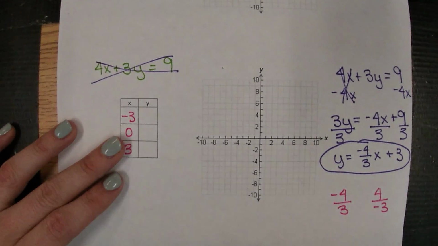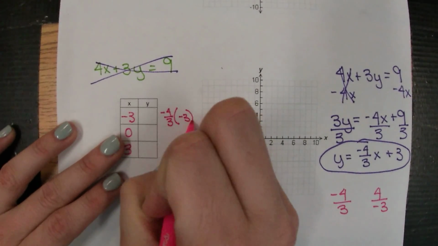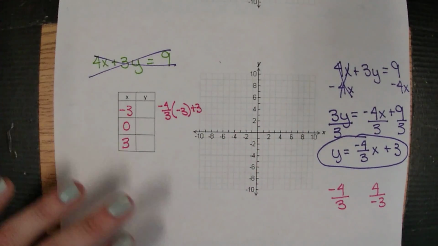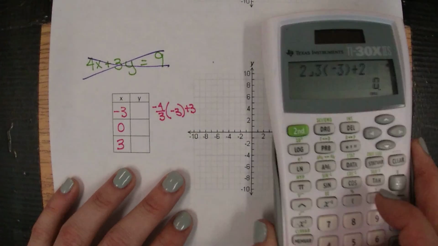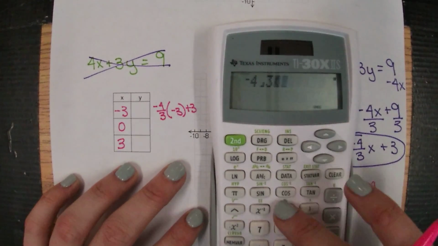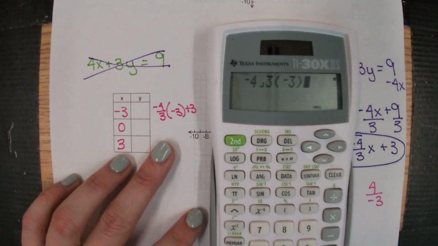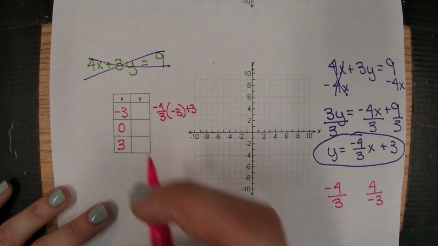Okay, so let's plug in -3. So if we say -4/3 times -3 plus 3, what output value will we get on this one? Okay, so if you're using a calculator, you should have done -4 ABC 3 in parentheses -3 plus 3 equals, which gives us a 7.